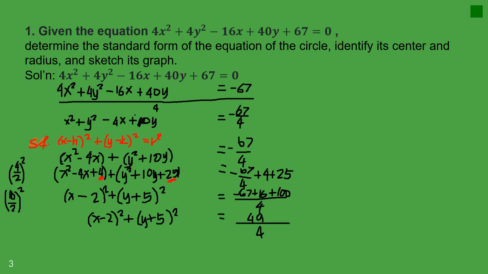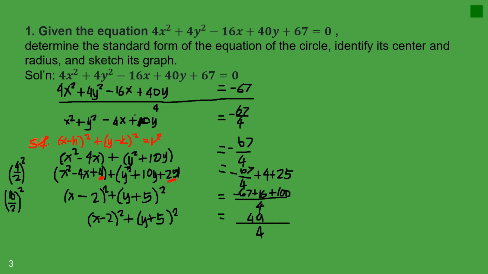Okay? Wait, I need to verify this. 16 plus 100 minus 67. Okay, 49, correct.